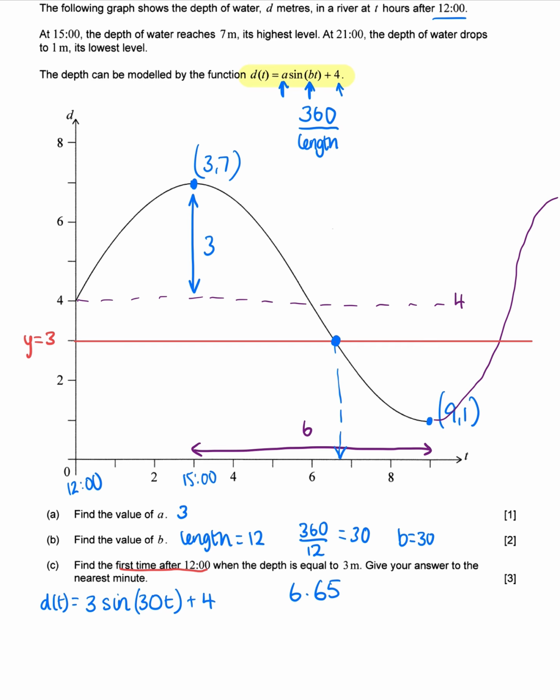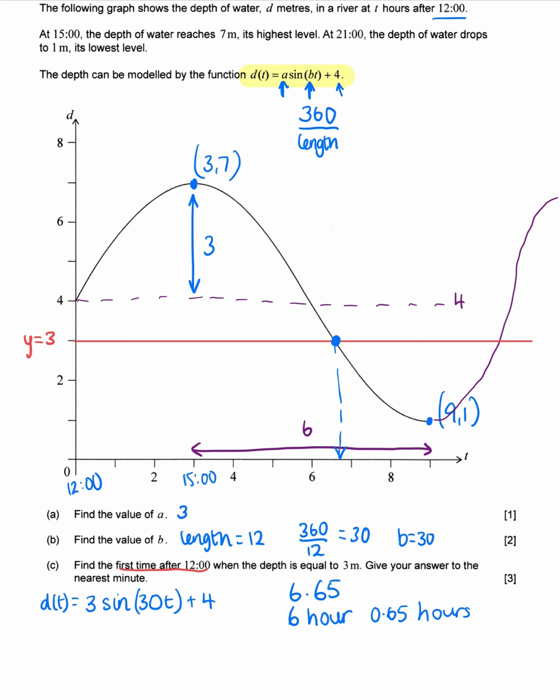Now it asks us to give the answer to the nearest minute. So we now need to convert this into time. So 6.65 is 6 hours, and then 0.65 hours.